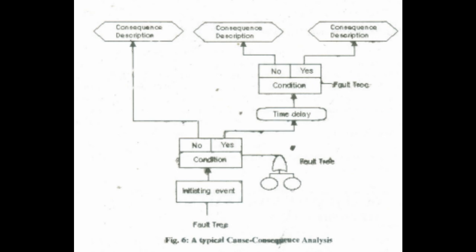In the CCA diagram, the probabilities of the various consequences can be calculated, thus establishing the risk level of the system. Fig. 6 below shows a typical CCA. Look at the screen. This technique was invented by Risø Laboratories in Denmark to be used in risk analysis of nuclear power stations. However, it can also be adapted by the other industries in the estimation of the safety of protective or other systems. Details on how to carry out cause-consequence analysis as well as the benefits and restrictions of it are documented in literature.